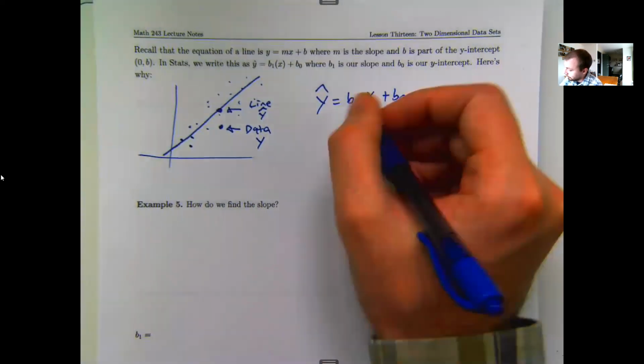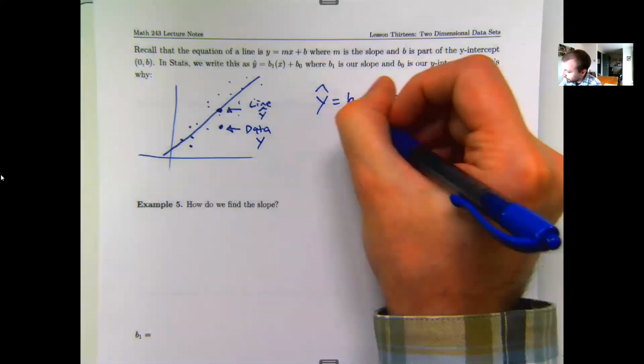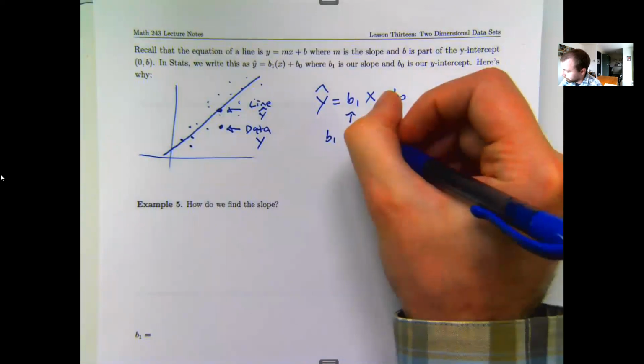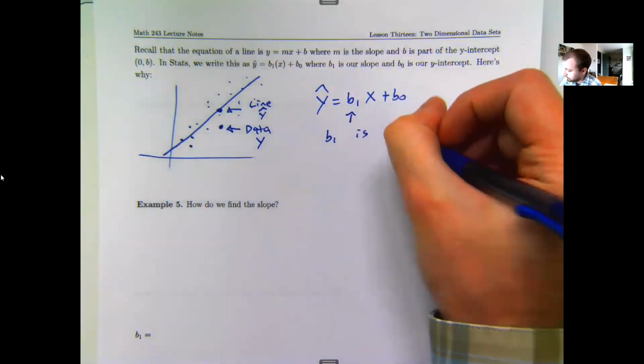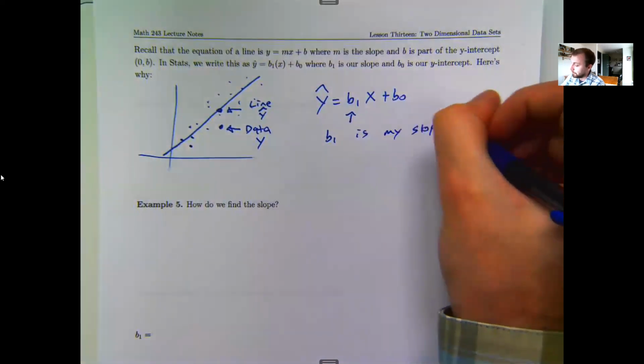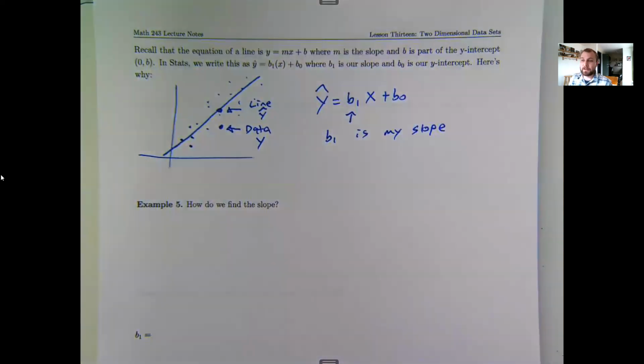B1, that's the symbol next to the x, and that represents my slope. Now, I'm using B1 instead of the letter M for slope here because I could have more than one factor that goes into something changing. So the year affects the cost of bread, but so does the cost of flour, the cost of water, the cost of gas, how far I'm shipping something, how much it costs to package it.